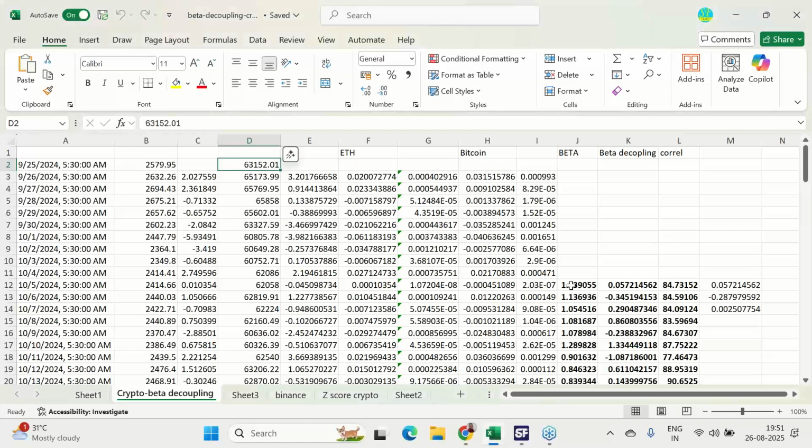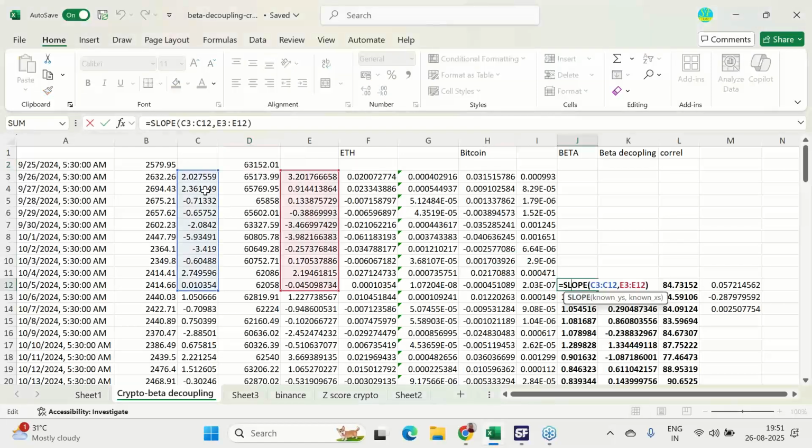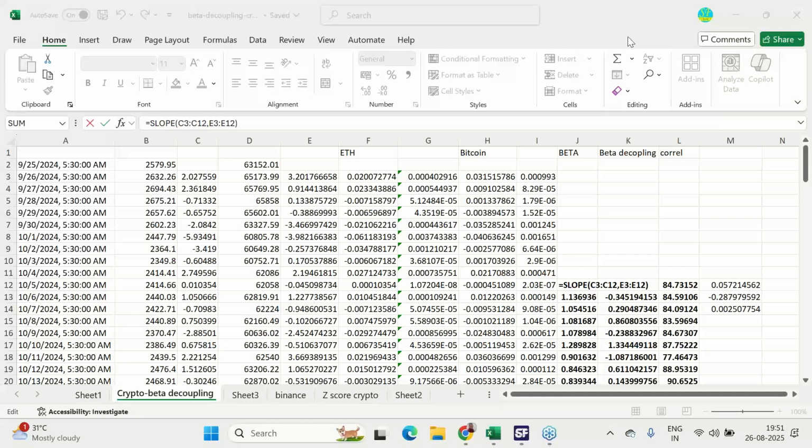Then to calculate the beta, we require a cluster of 3, 6, 9 and 10 data points. There is a very good formula available in Excel 365, slope, or else you have to use the covariance and variance: covariance of x and y divided by variance of x, multiplied by n divided by n minus 1.